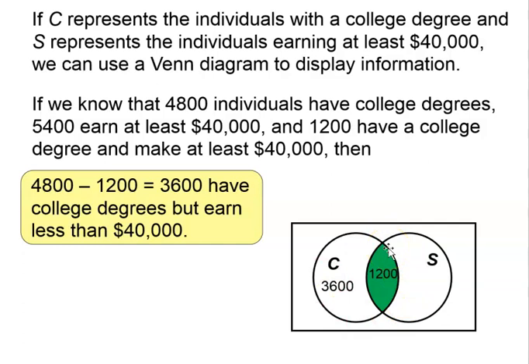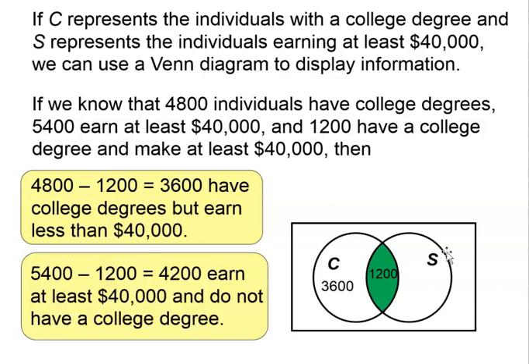Now let's do the same thing to figure out what goes out here in the moon shape on S, the crescent shape. We've already included 1,200 inside S, but we know 5,400 total earn at least $40,000. So what if we take the 5,400 and subtract the 1,200 we've already got included? That's 4,200, and those earn at least $40,000.